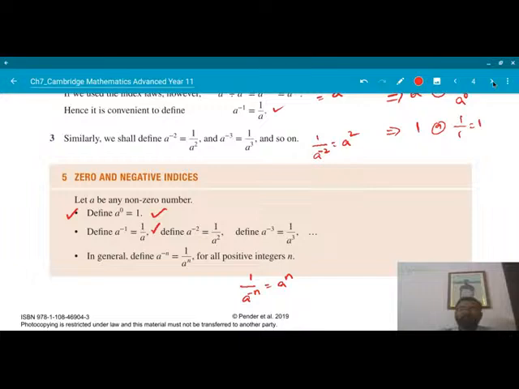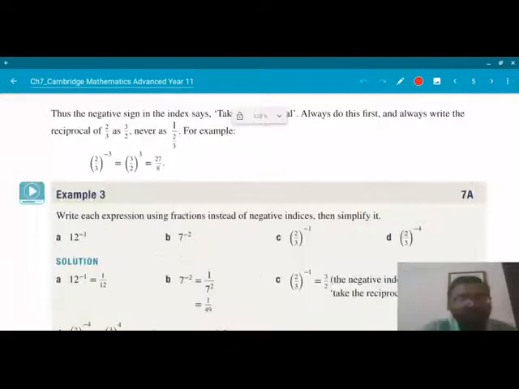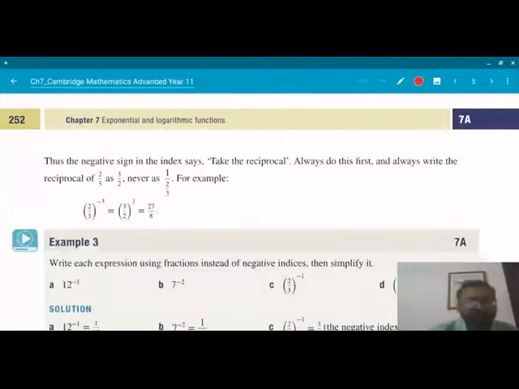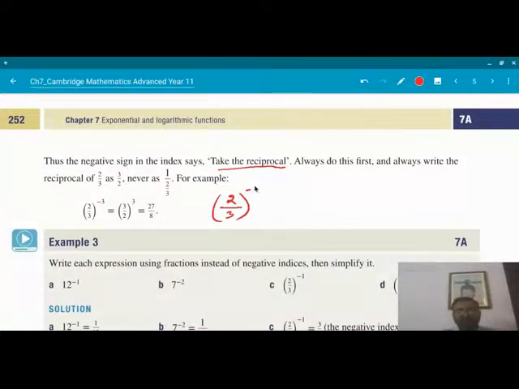So these are the basics only, but we need simplification. Now there is a technique: take the reciprocal when the sign is different. You can see 2 by 3 whole power minus 3. Here we can write it as 3 by 2 whole power positive 3.